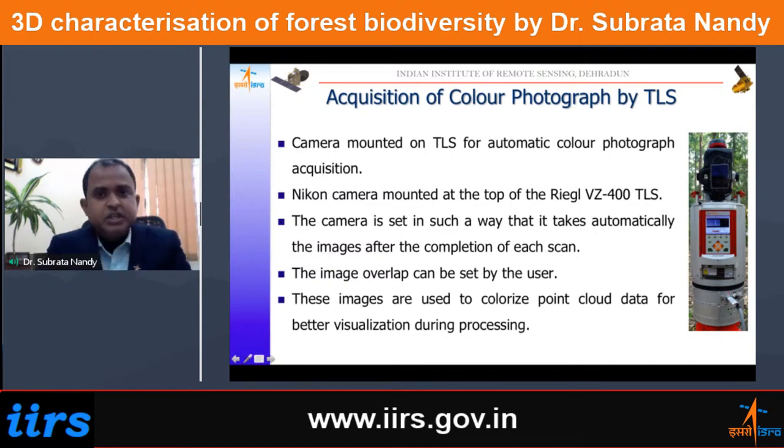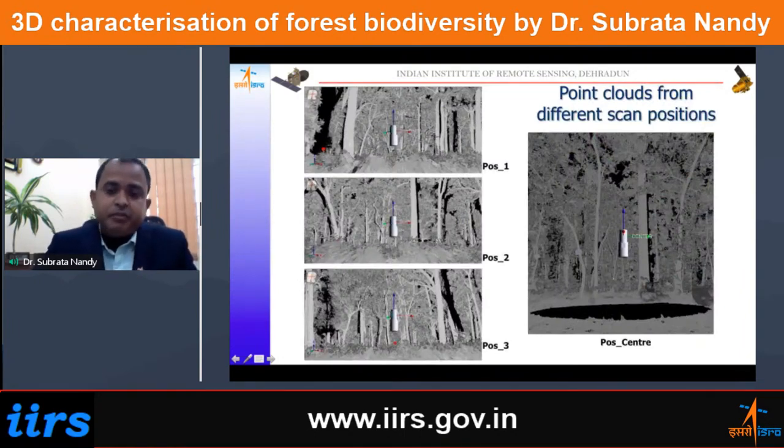Here, when I am scanning from the center, this is the actual data of a forest area, how it looks from the center. When you're scanning, below the scanner you won't get any information, of course. And these are the different positions outside the sample plot.